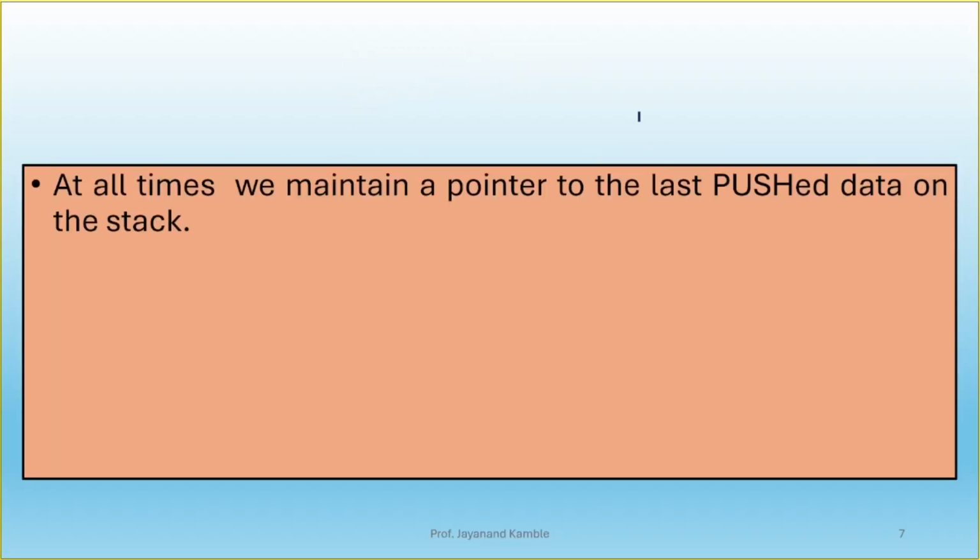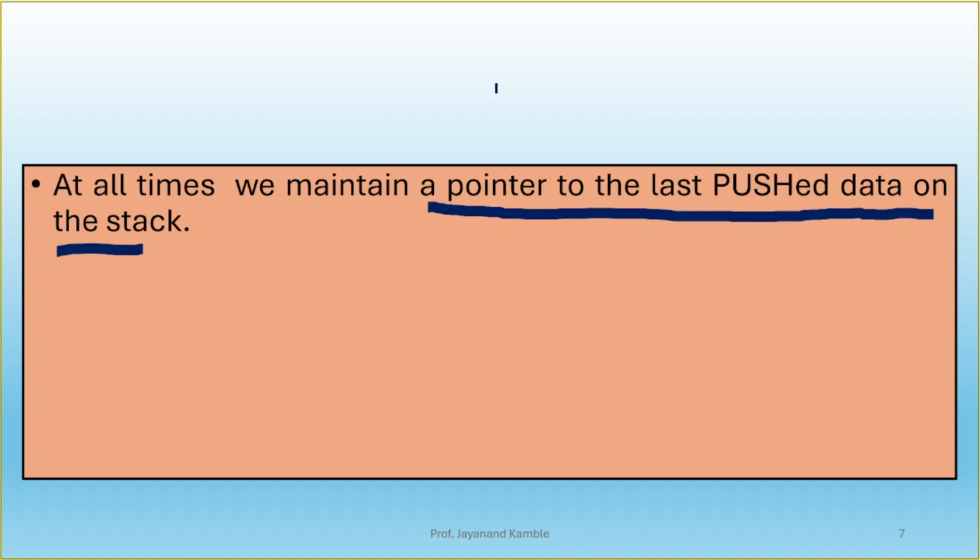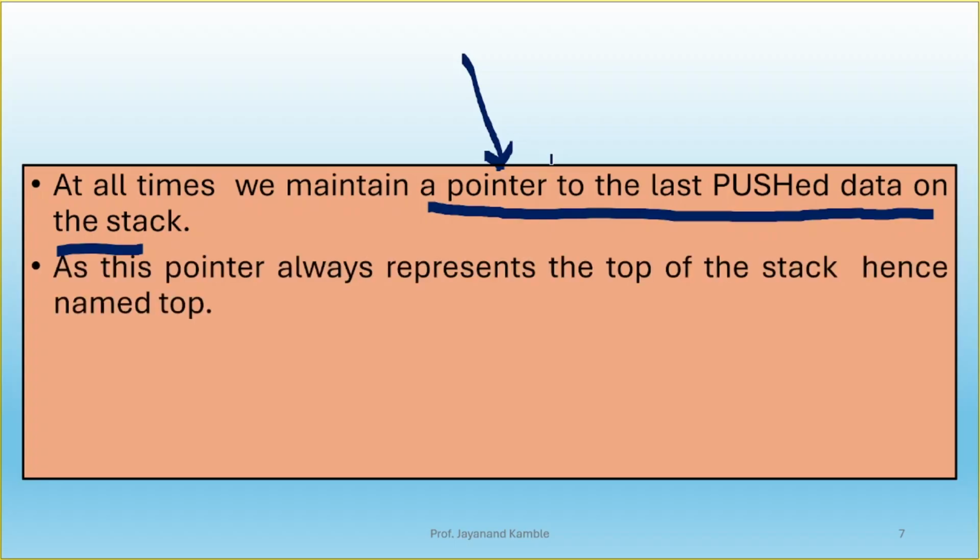Okay. Now, at all times while implementing the stack in C or in any programming language, we maintain a pointer to the last pushed data on the stack. That means we have a variable which contains the value of the top of the stack. We call it a top pointer. This pointer always represents the top of the stack.